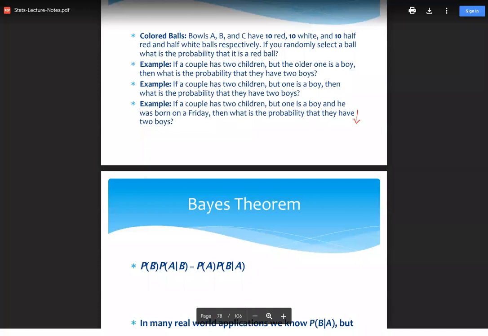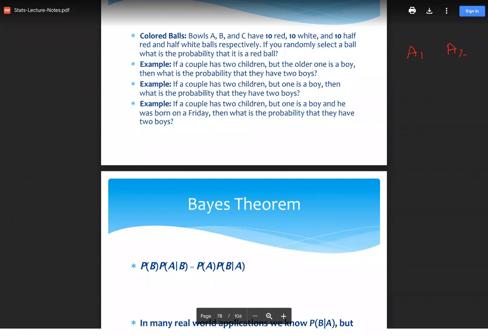If a couple has two children, but the older one is a boy, then what is the probability that they have 2 boys? So these are 2 events, event A1 and event A2.